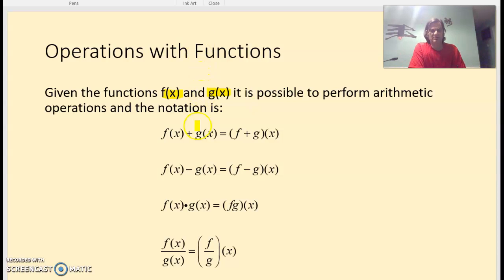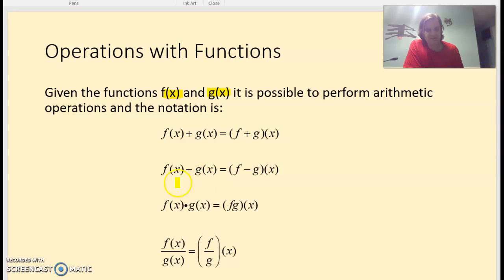So here on the left, I have what we would normally think of as arithmetic for two functions, f plus g. We can simplify that notation and assume that when we combine them, the input would work in the combined function.